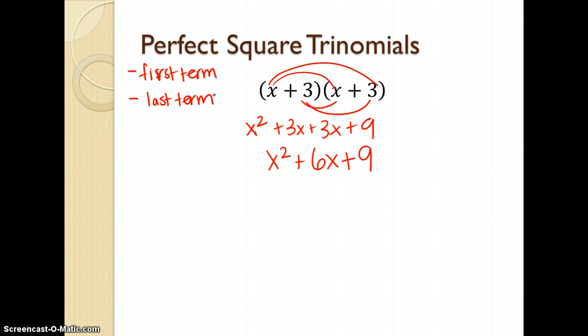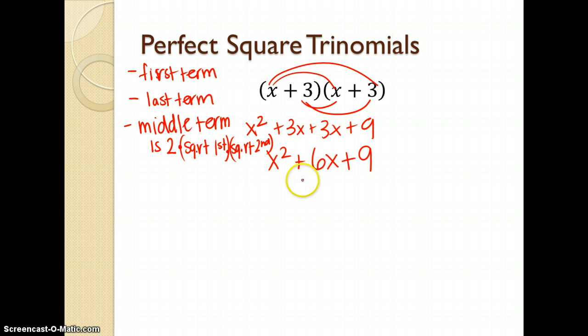We can use this pattern to factor if the middle term is 2 times the square root of the first times the square root of the second. I'll put those in parentheses so we can see the multiplication better. So if we look at x squared plus 6x plus 9, we know this is a perfect square trinomial.